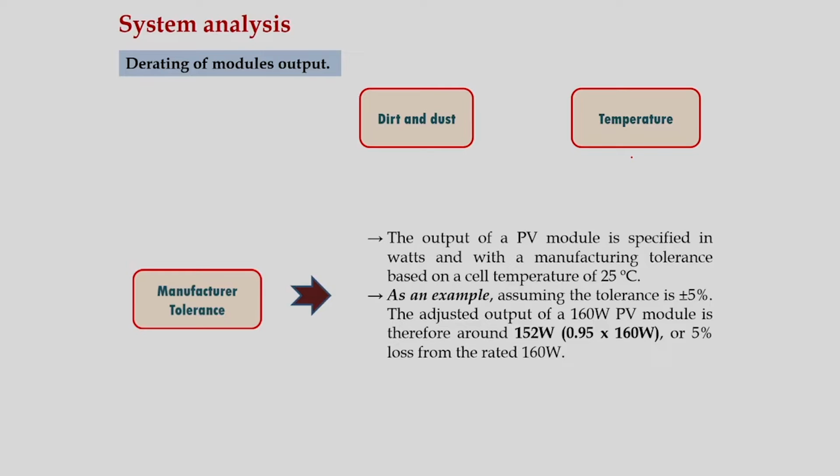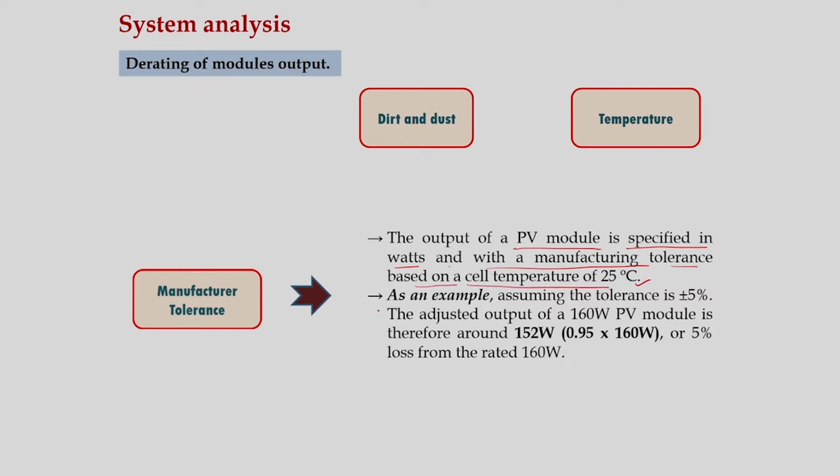Okay? That has to be considered when real PV module performance is estimated or analyzed. The output of a PV module is specified in watts with a manufacturing tolerance, based on a cell temperature of 25 degrees C.